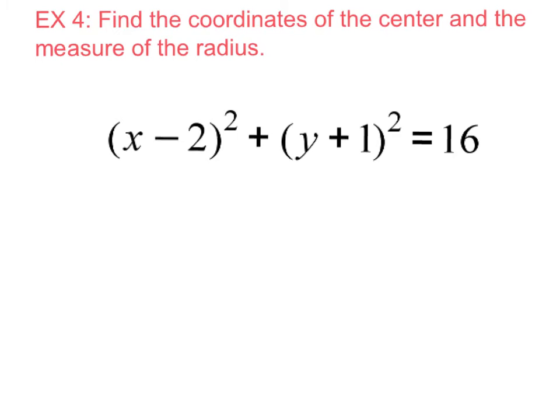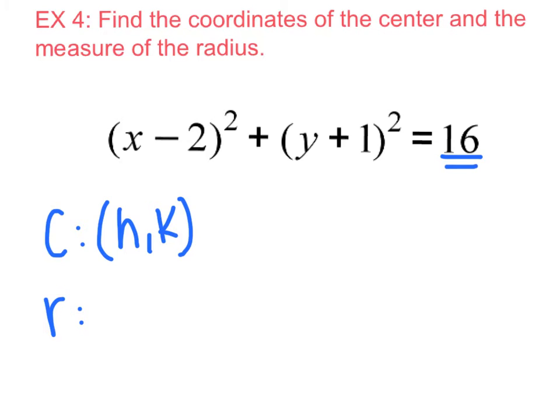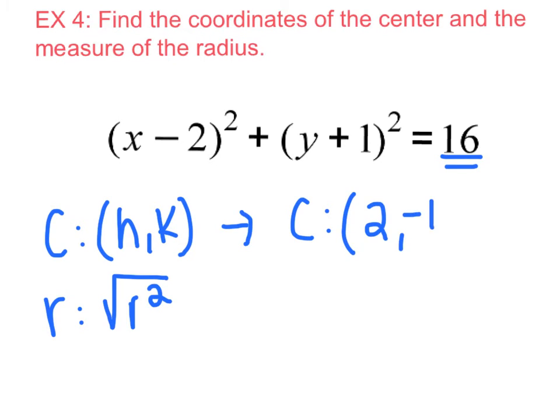Example 4. Find the coordinates of the center and the measure of the radius. Our center is h, k. Our radius is taking the number at the end and taking the square root of that, since it was r squared. Our center of this circle would be 2, -1.